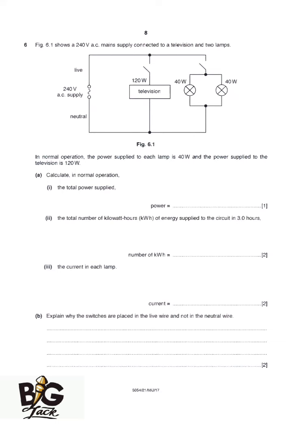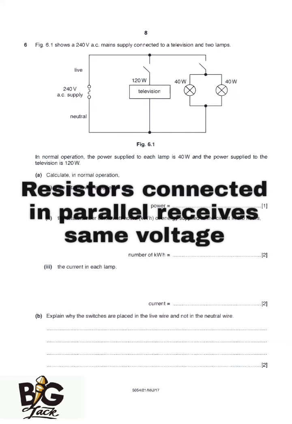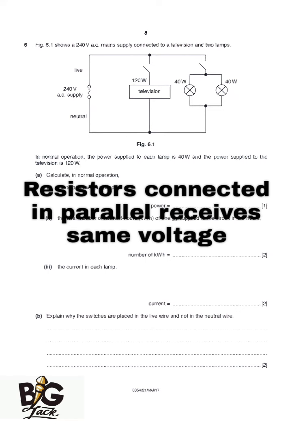Then this AC, the main supply, is producing 240 volts. These resistors are connected in parallel. Resistors connected in parallel receive the same voltage, but different current.